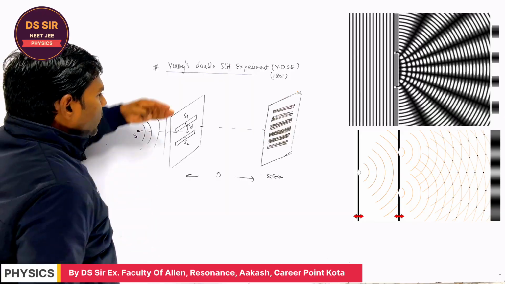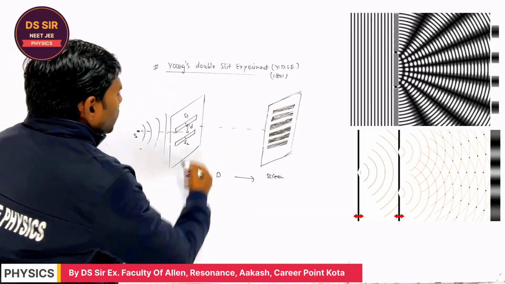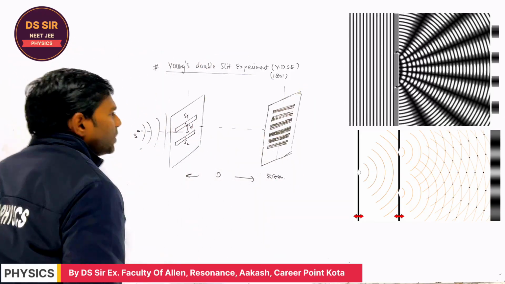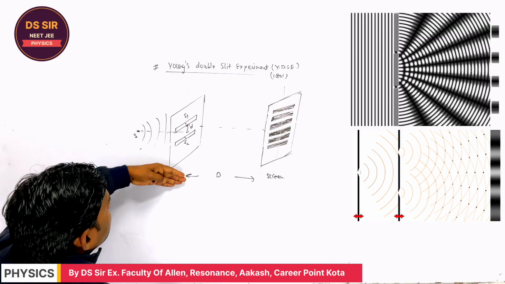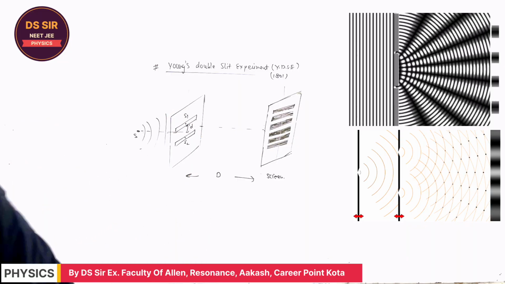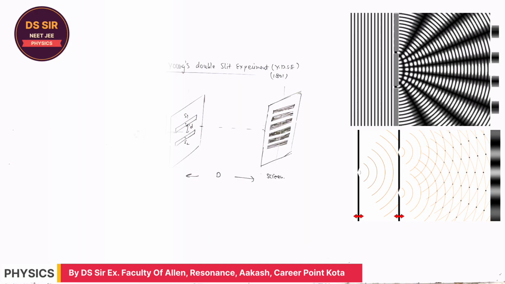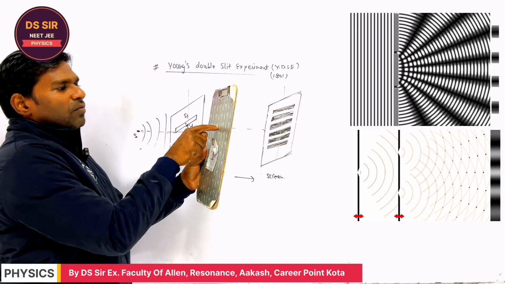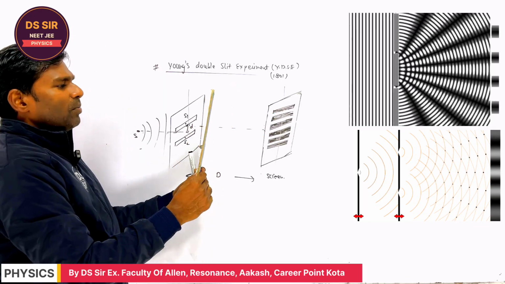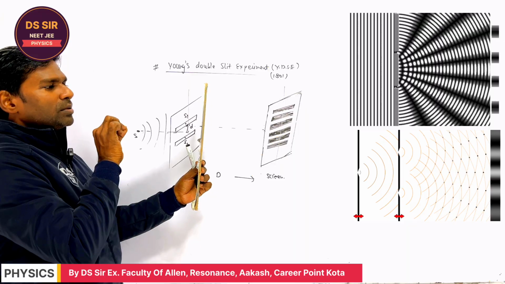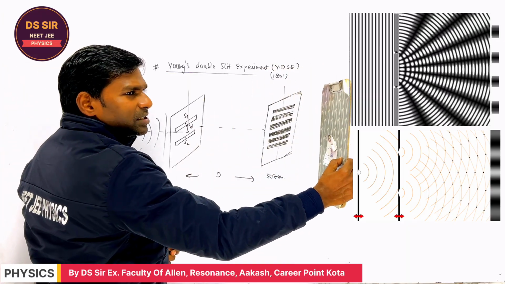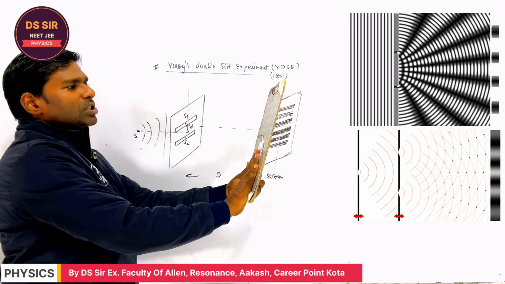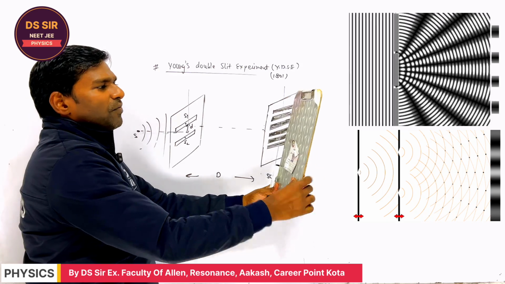But if you take the cross section, I'm giving you an example. This is the cardboard, and in the cardboard two slits are formed, you put the source, and another screen is placed. On this screen you obtain this type of fringe pattern.